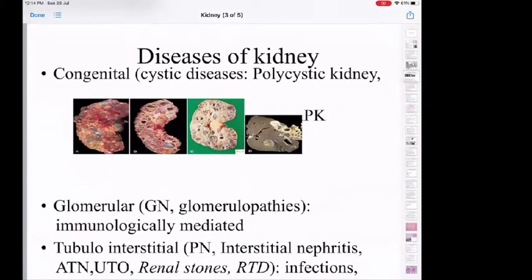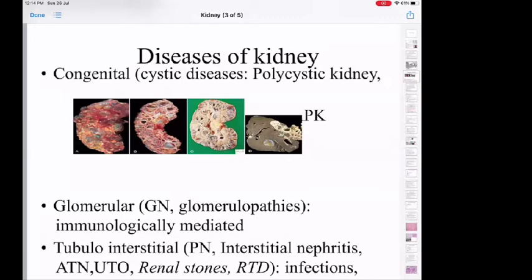Now, different diseases of kidney. So first we start with the congenital diseases. We will go superficially because kidney is a very vast organ, and 45 minutes is not sufficient for completion of this topic. So diseases of kidney. First, the congenital disease.